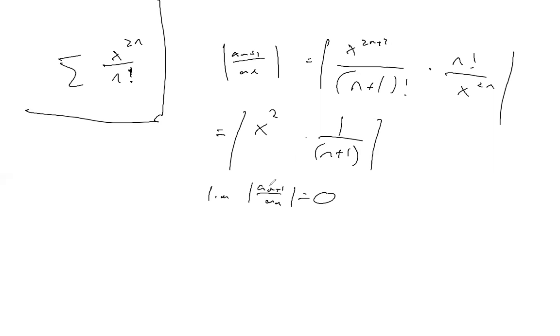Okay, so what does that mean? It means no matter what x I plug in, my series is going to be convergent. Okay, so when I have this situation where the limit is 0, my interval of convergence is going to be all real numbers, which I write like this, and then radius of convergence would be infinity.